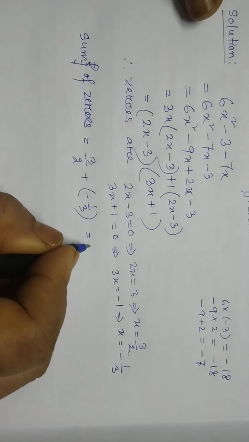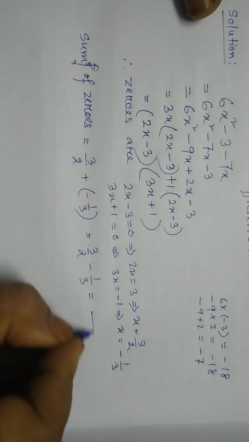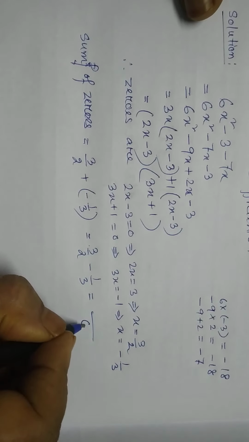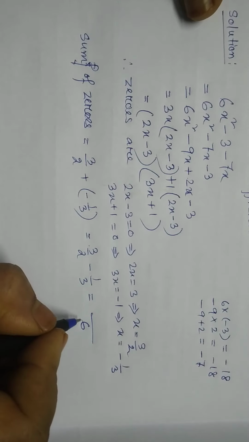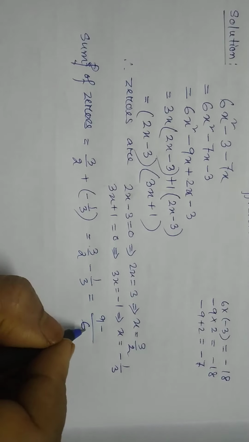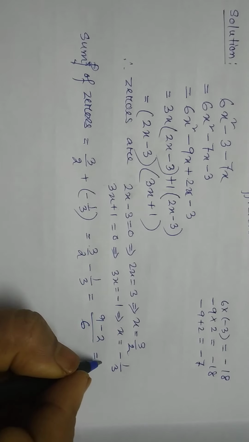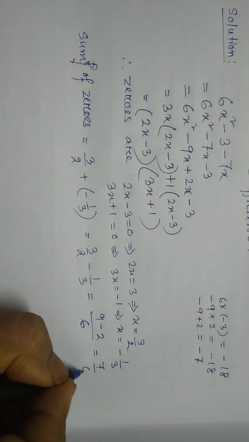That means 3 by 2 minus 1 by 3. If we take LCM, then this will be 6. Then 6 divided by 2 means 3, 3 into 3 is 9, minus 6 divided by 3 is 2, 2 into 1 is equal to 2. That's why this will be 7 by 6.